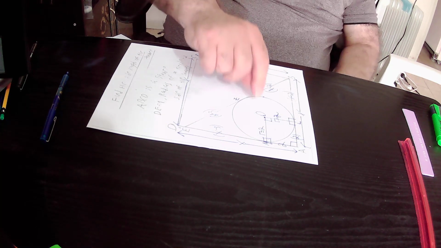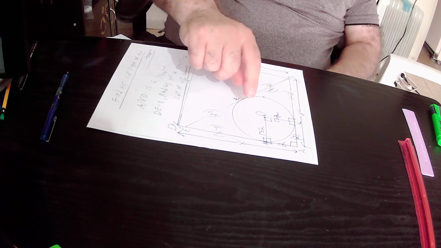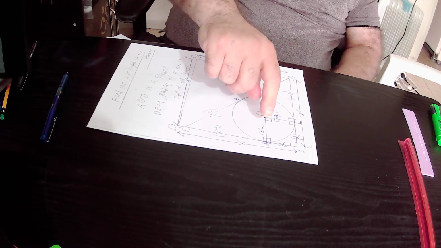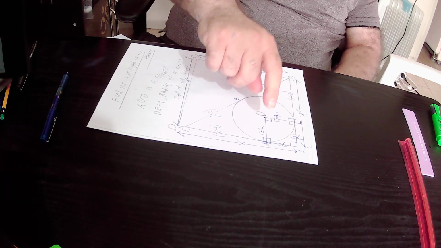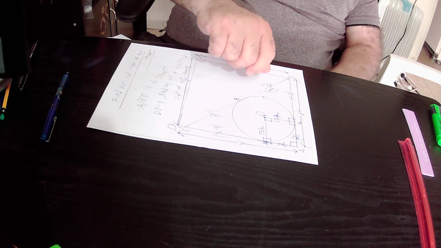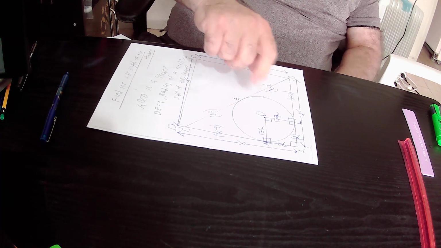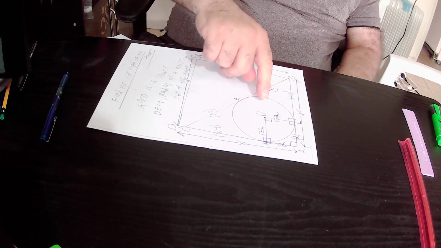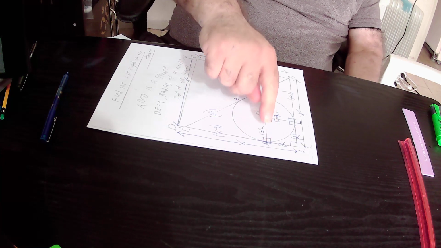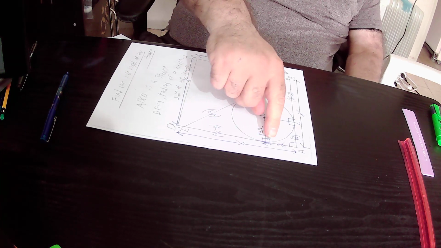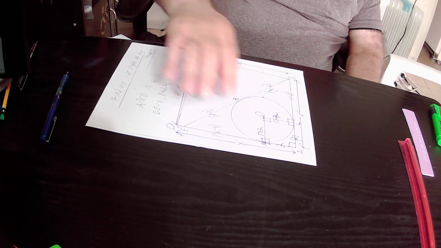The radius OM is drawn to point M, that is the point of tangency of tangent AD with this circle, and whenever we have a radius drawn to the point of tangency, the tangent AD will be perpendicular to the radius MO. So if AD is perpendicular to MO, this angle equals 90 degrees, and this angle will also equal 90 degrees according to rule number 1.